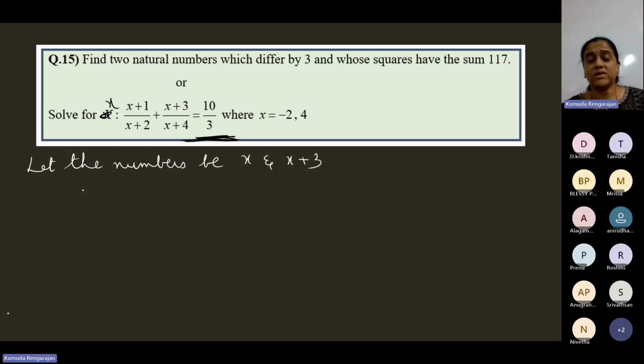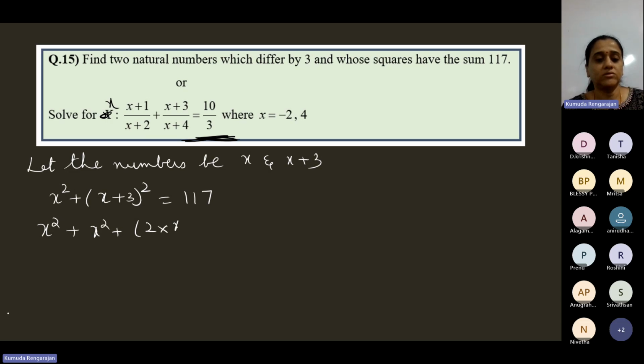So the squares have a sum of 117. The square of x is x square, and the square of x plus 3 is x plus 3 the whole square. Their sum is 117. x square plus 2 into x into 3 plus 3 squared is equal to 117.